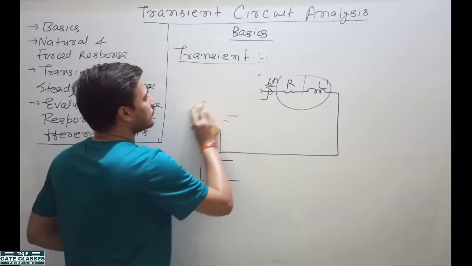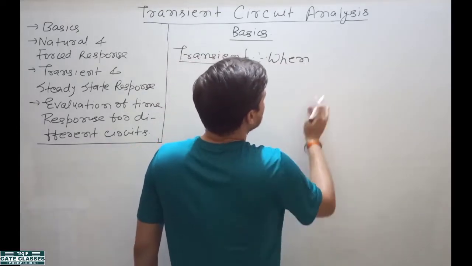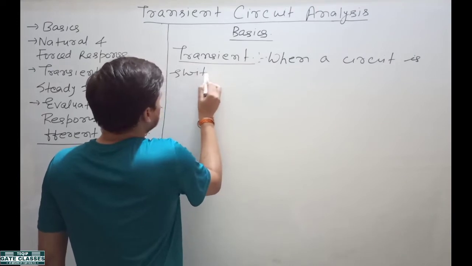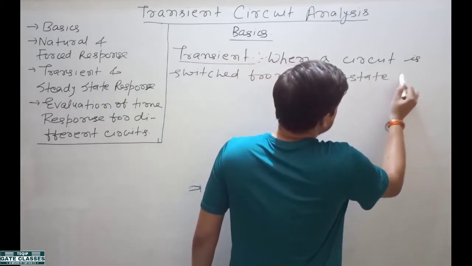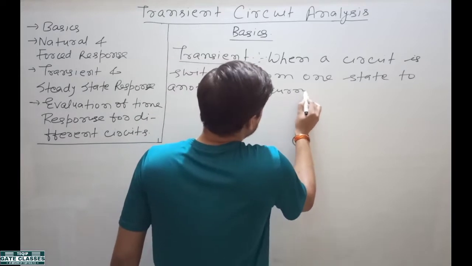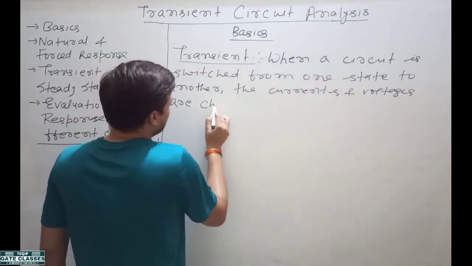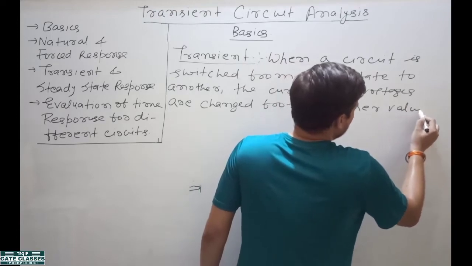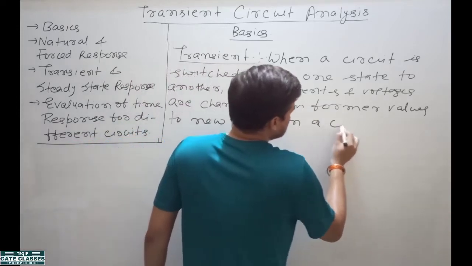So let us write the definition of transient. It is written: when a circuit is switched from one state to another state, the currents and voltages are changed from former values to new values in a certain time period.